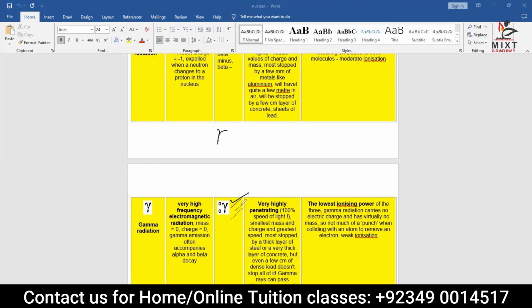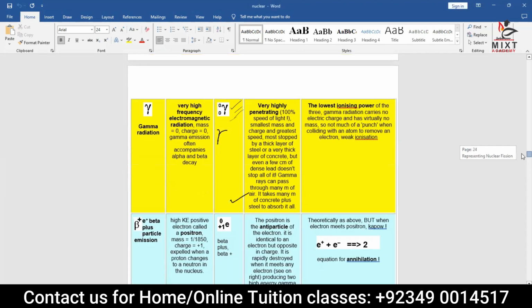Beta radiations are moving with a speed nearly equal to light. Gamma radiations are moving with the speed of light because they are very high frequency electromagnetic radiation.